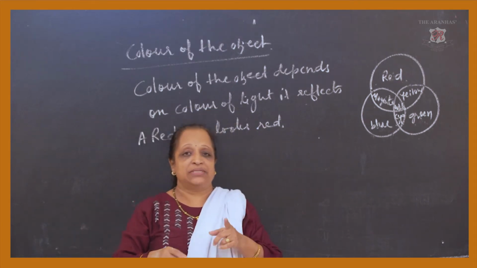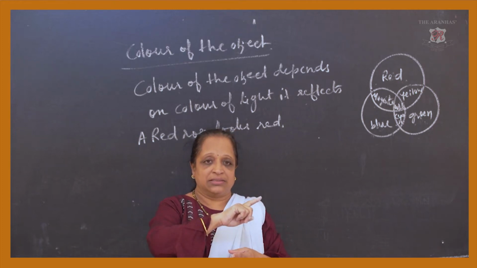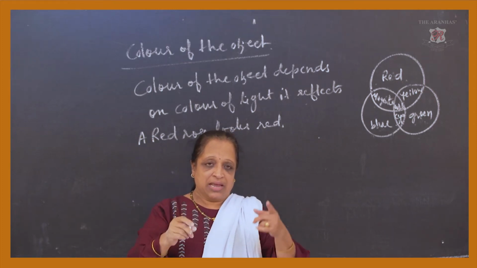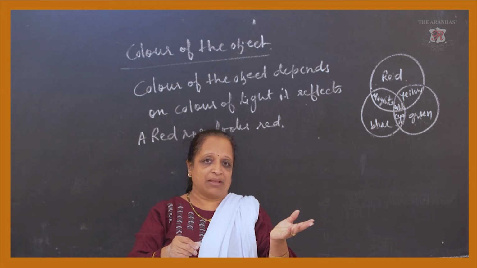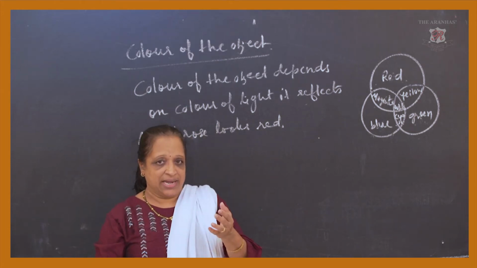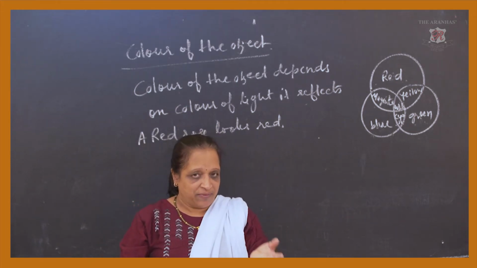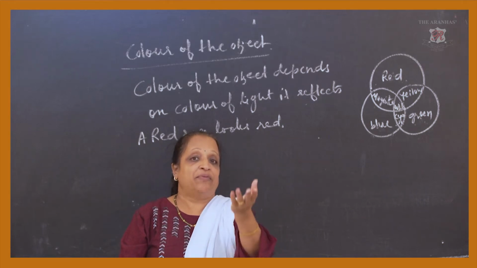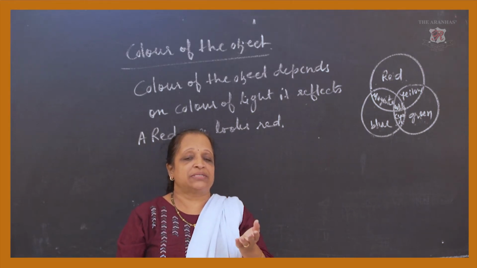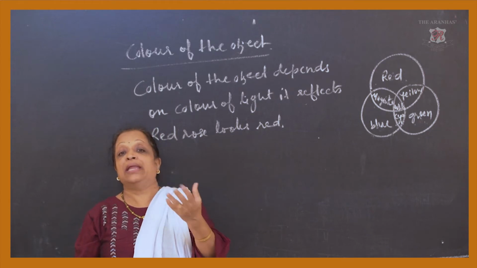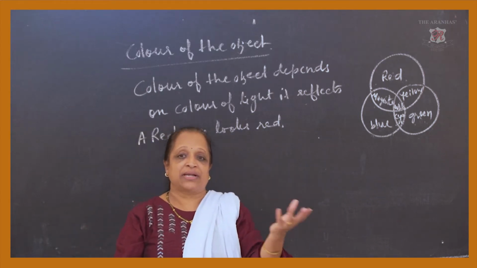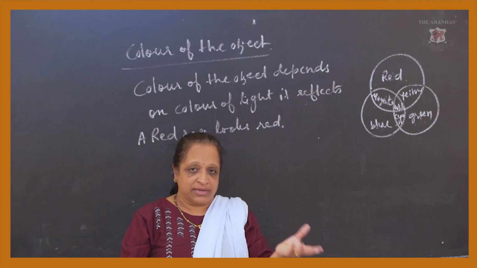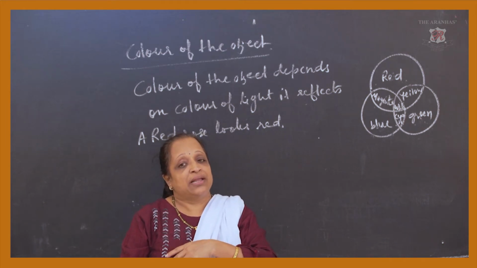The same thing happens with different colors when you see them in light, because the light which we get is basically white in color, but when it is reflected into the atmosphere, it is reflecting many colors. You cannot say only red is reflected or blue is reflected or yellow is reflected, but it is reflecting the band of 7 colors.